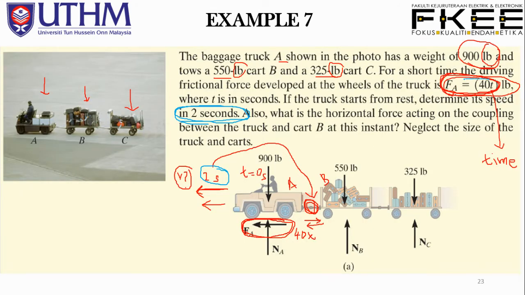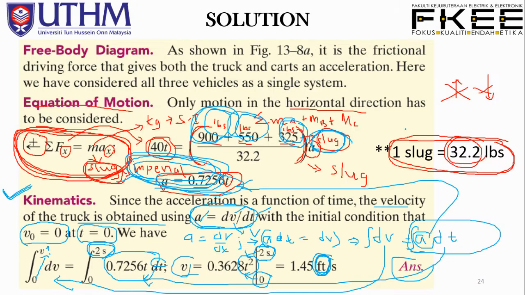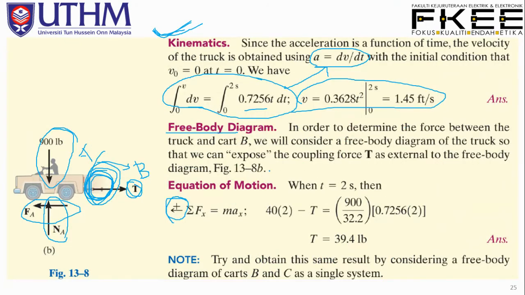The value of FA, the one I circled in blue, FA equals 50, just to recall where the value comes from. So 40t is actually FA. Remember the total force in the horizontal direction, we have FA as well as T. To the left is positive, so T is to the right, which is negative.